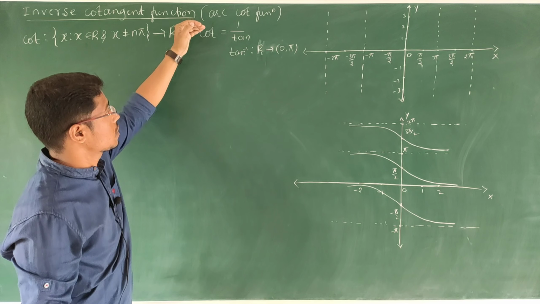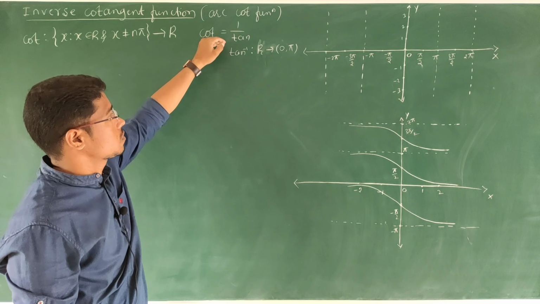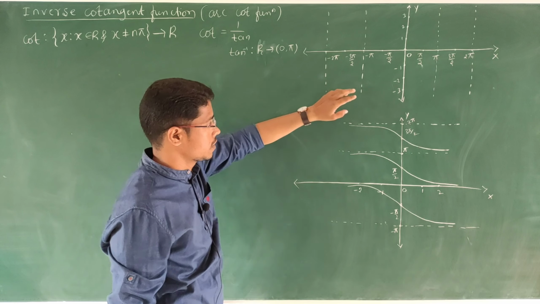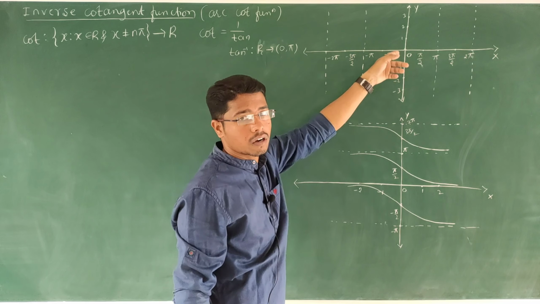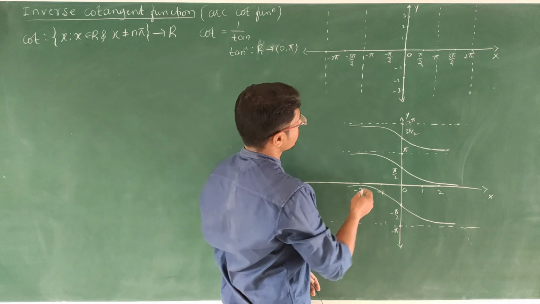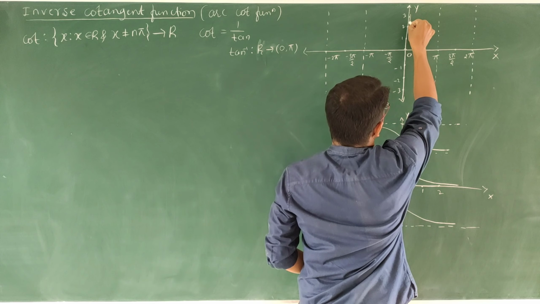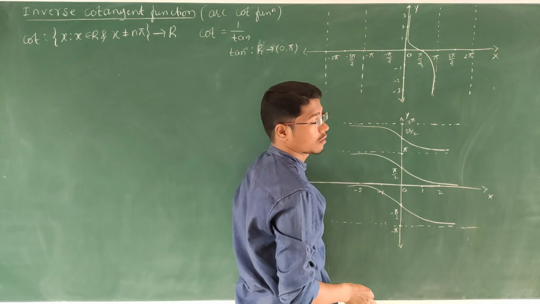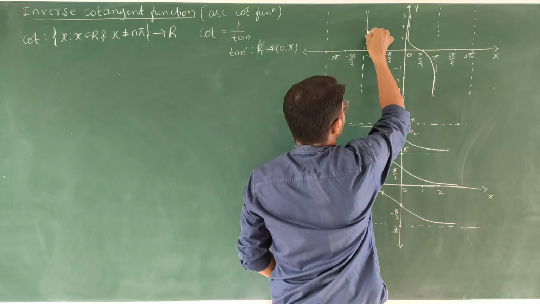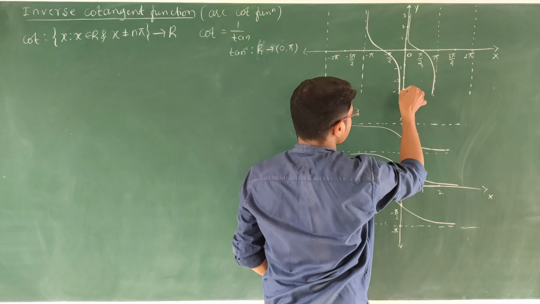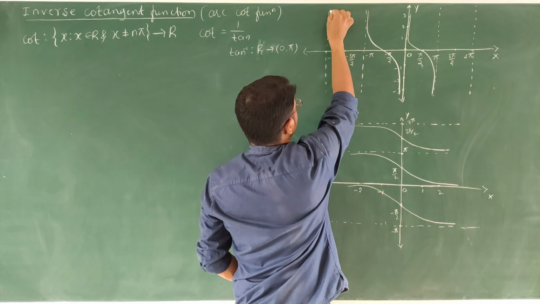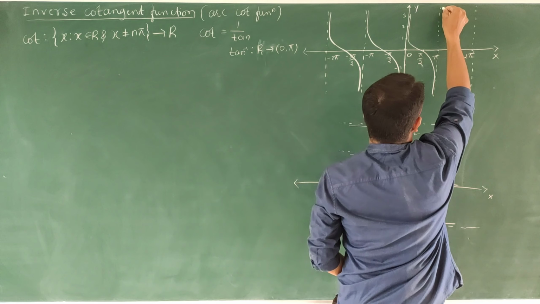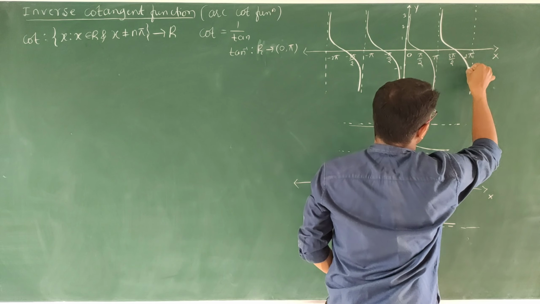Cot is also not defined at 0. See here, this is also not defined at 0. I will draw the graph of the cot function. It doesn't touch 0 and pi, or minus pi, 2 pi.